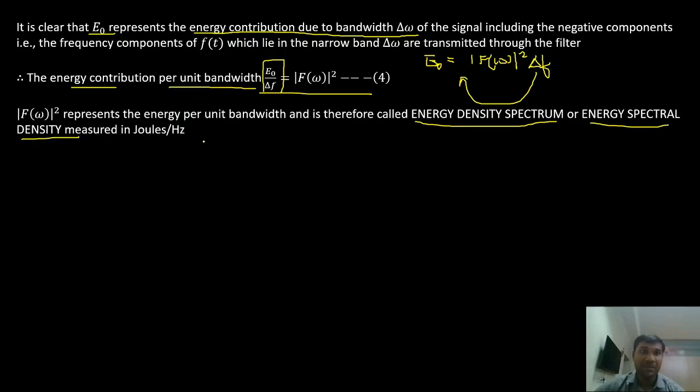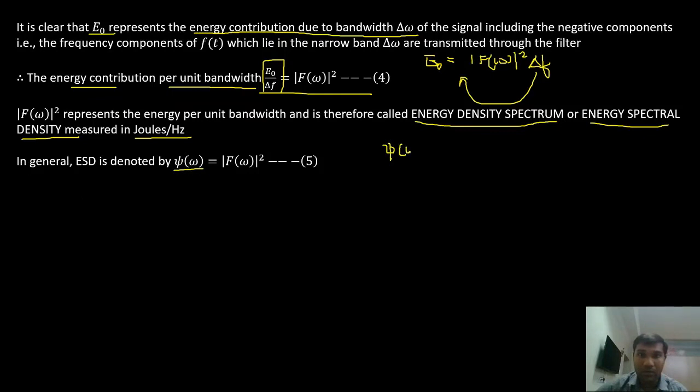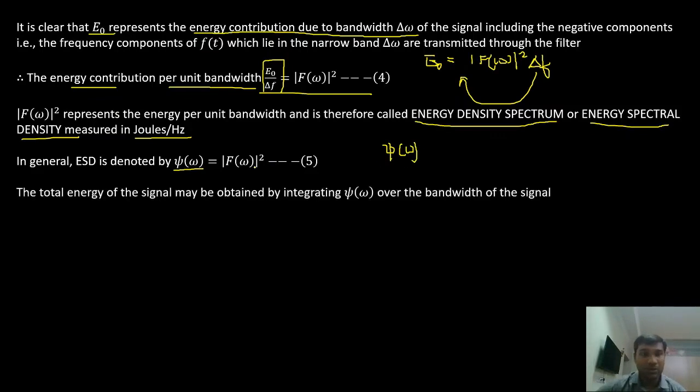Energy density spectrum or energy spectral density, and the units considered are joules per hertz. Energy is in joules and bandwidth is in hertz. So that is energy spectral density. It is denoted by psi of omega, that is equal to mod of f of omega whole square.